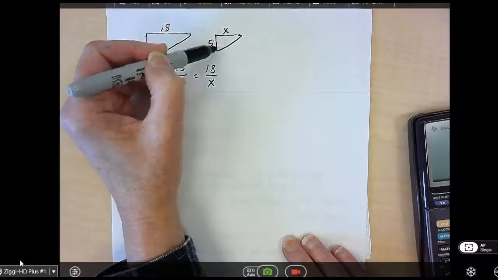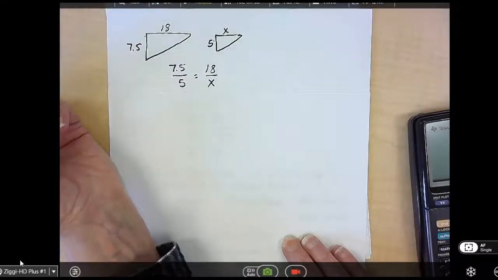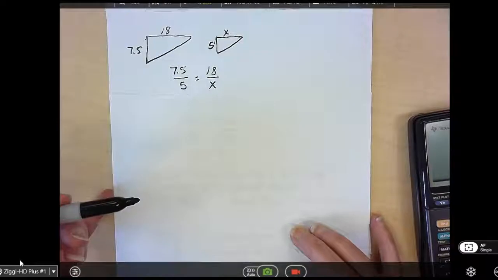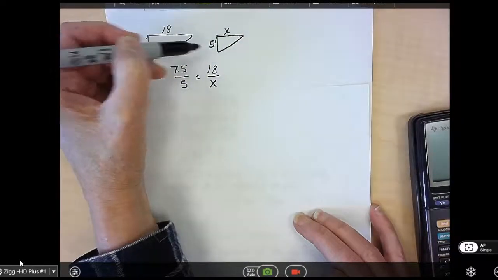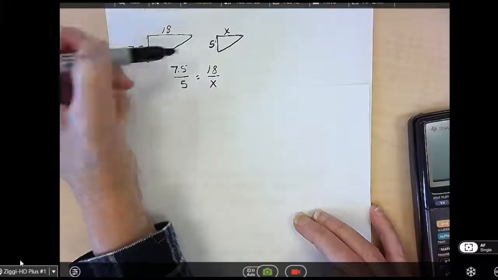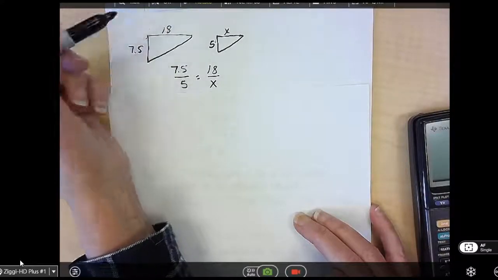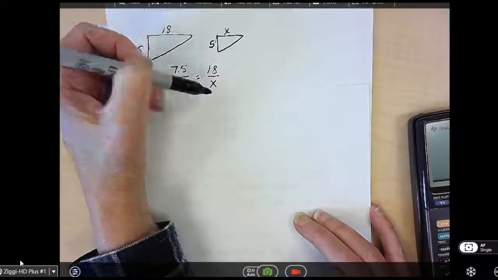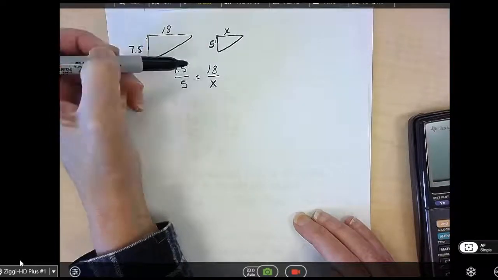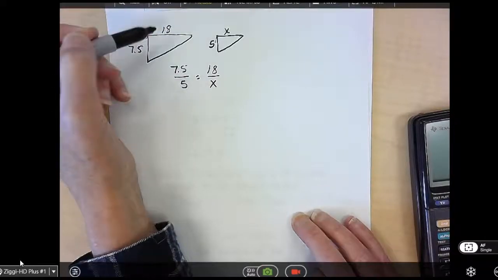They're drawn in the same direction. I tried to make them look similar, but they are given as similar. So if I compare two sides that I know, 7.5 to 5 equals, and I went from the large to the small, 18 over X would be the equivalent fraction to the first one.